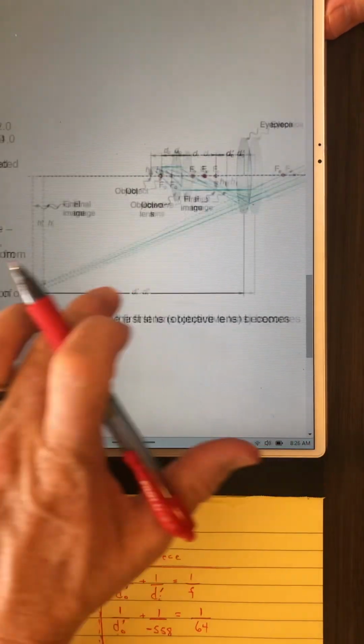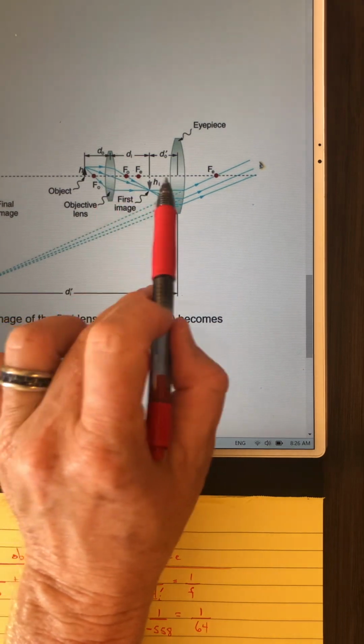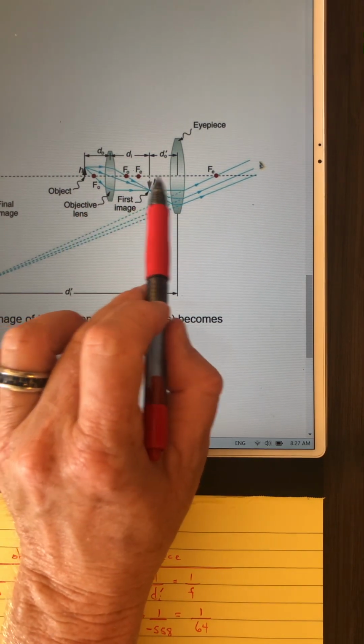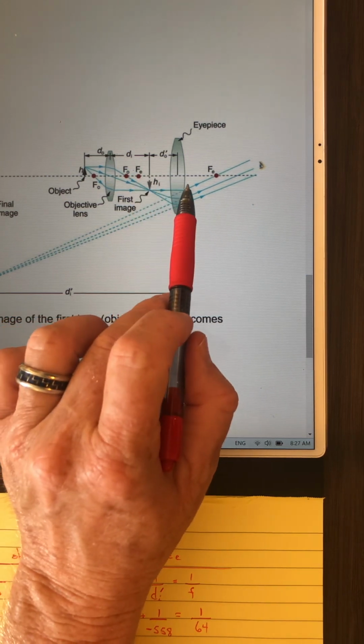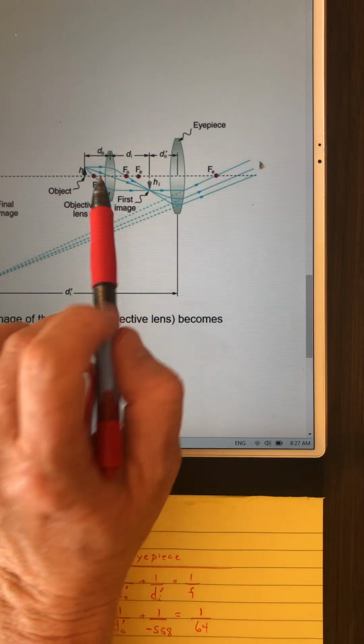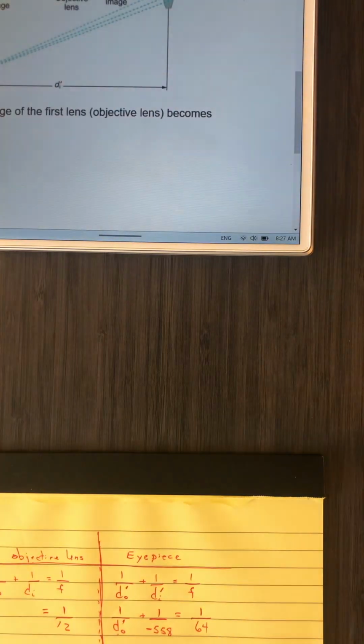And so my point is, if the distance between these two lenses is 182 millimeters, and this distance is 57.4, I can then subtract those two and find out the image distance.